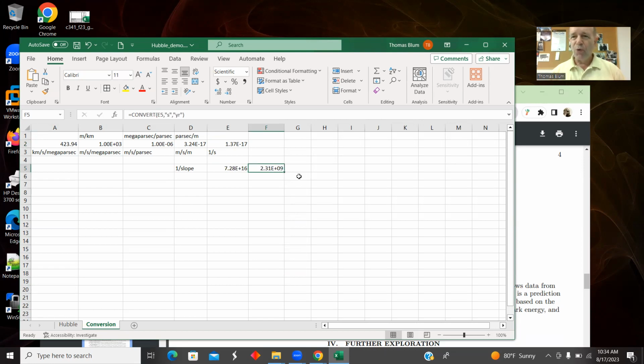Although the second is more the scientifically basic unit, they do tend to report the age of the universe in years and billions of years.